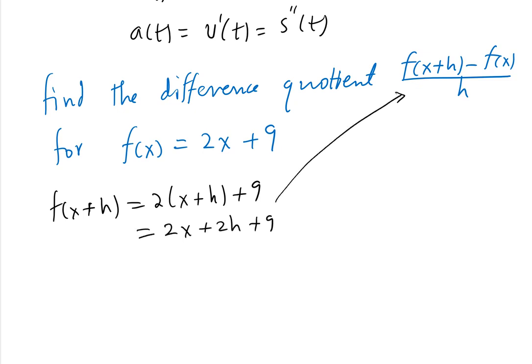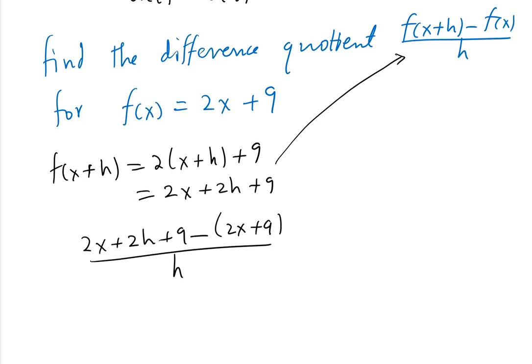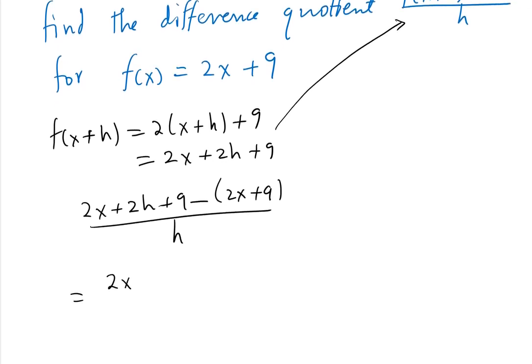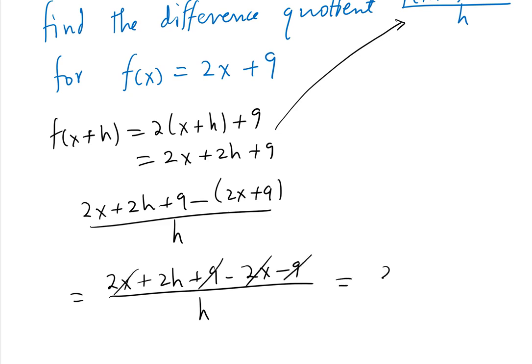Substitute all of this in there. So you get 2x plus 2h plus 9 minus the function itself, all over h. That gives us 2x plus 2h plus 9 minus 2x minus 9 all over h. These cancel, so we get 2h over h. The answer is 2.